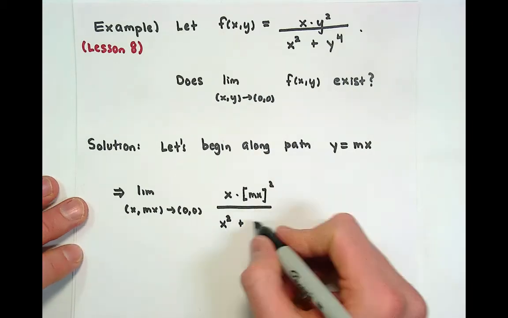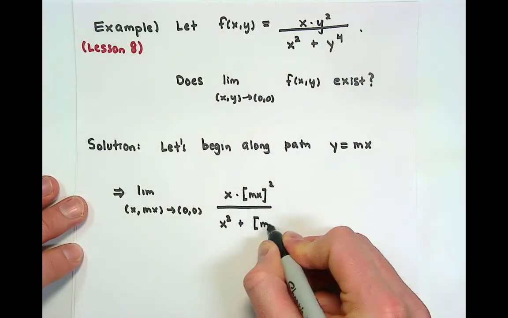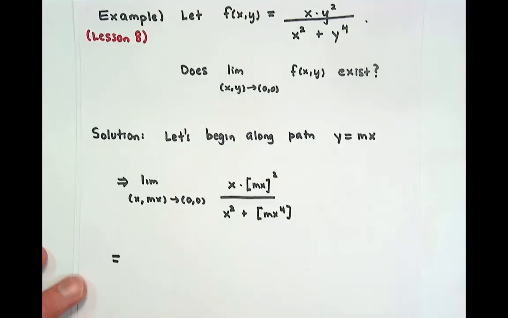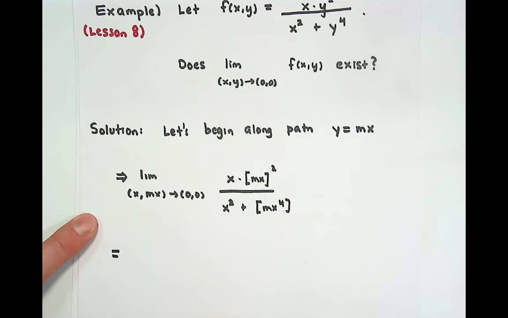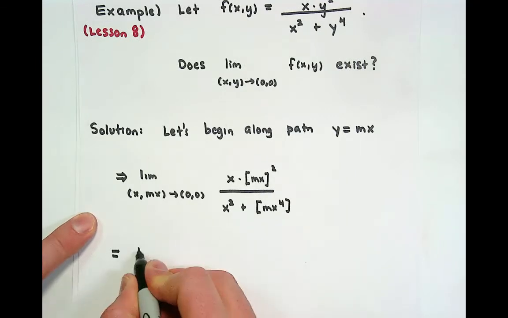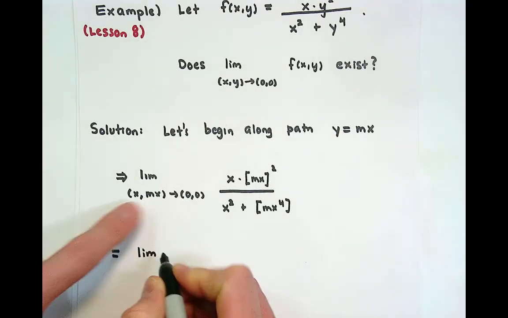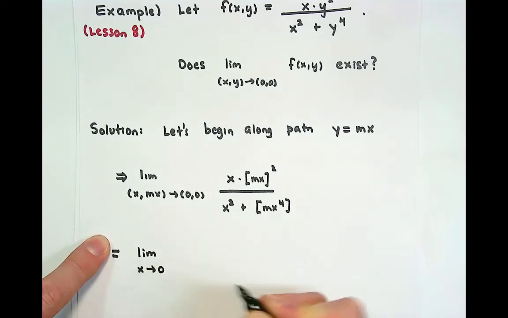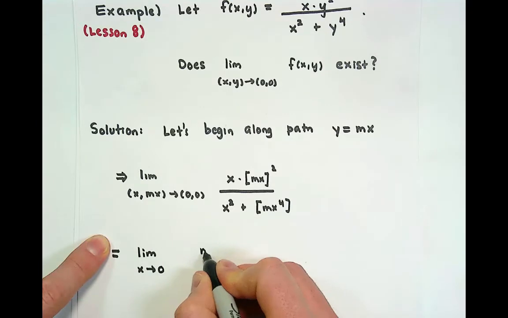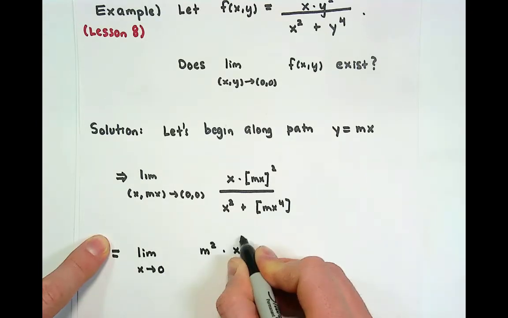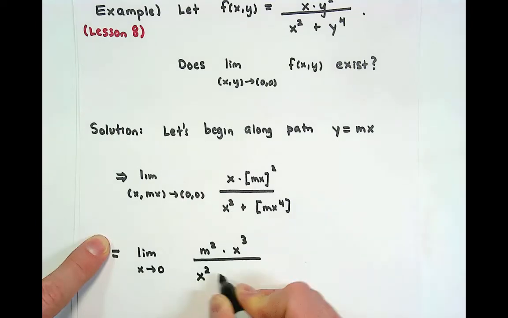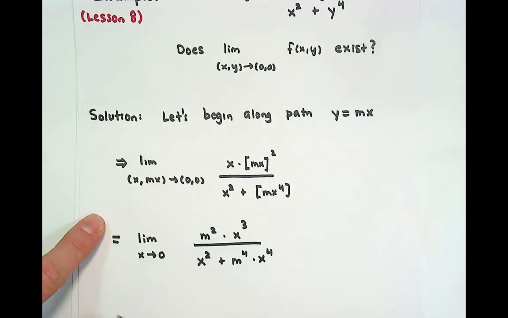And now this becomes mx to the fourth. Well, the nice thing about substituting y in terms of mx is that now this is a single variable limit. Up top I have something like m squared times x to the third. On the bottom I've got something like x squared plus m to the fourth x to the fourth.